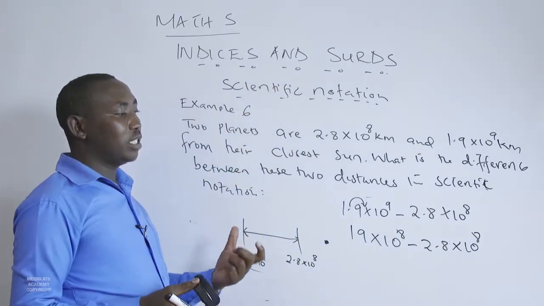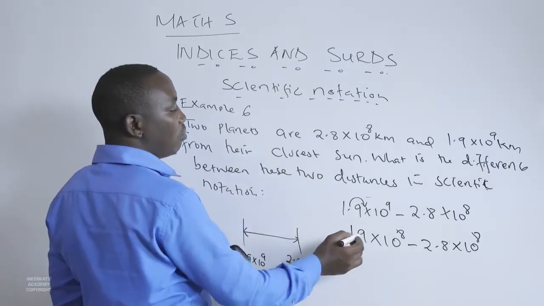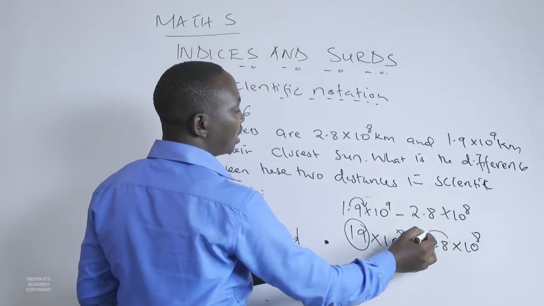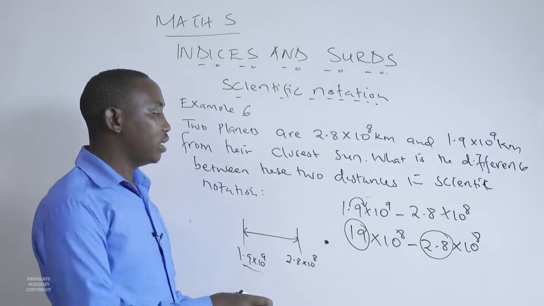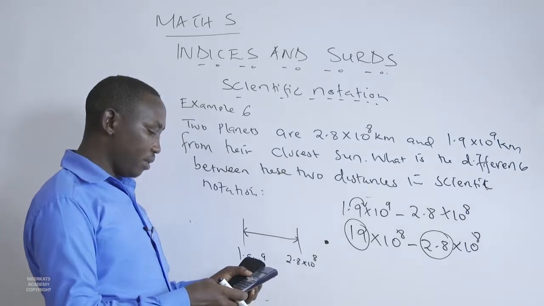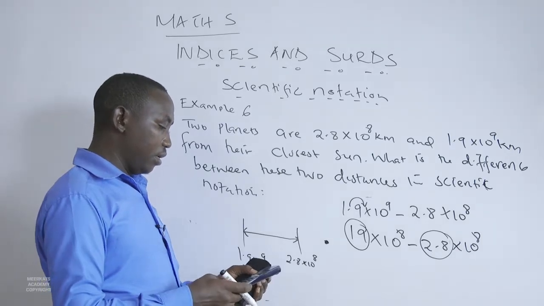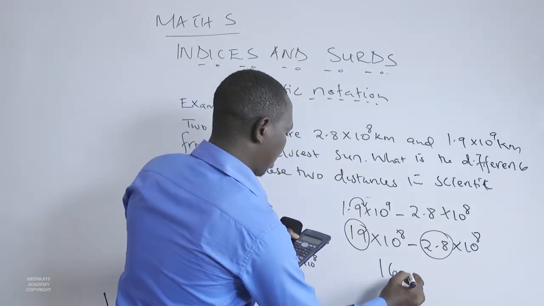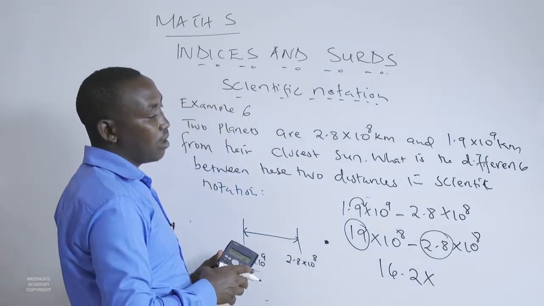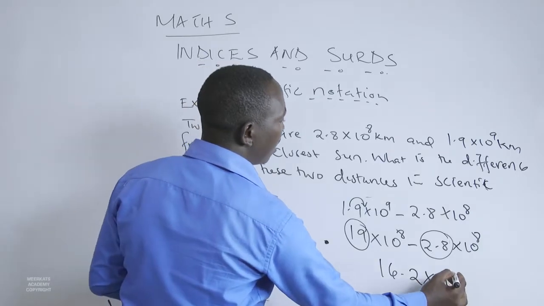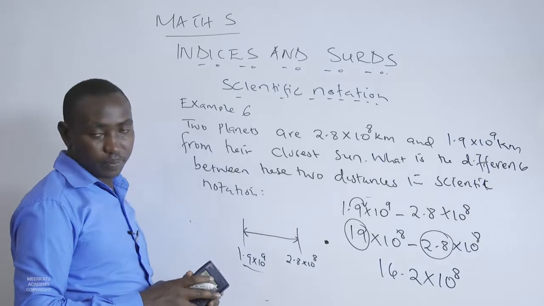Now that the powers are equal, I can subtract the values of A. When you take 19 and subtract 2.8, you get 16.2, multiplied by 10 raised to power 8.